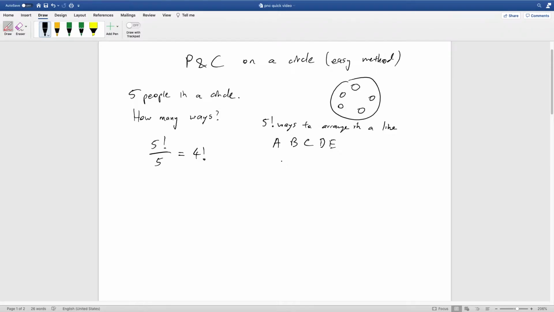Why have we overcounted? It's because among these 5 factorial ways is, let's say, E, A, B, C, D. Another one of them is D, E, A, B, C. Another one is C, D, E, A, B. Another one is B, C, D, E, A. And then there's more, for example, A, C, B, D, E, and so on.